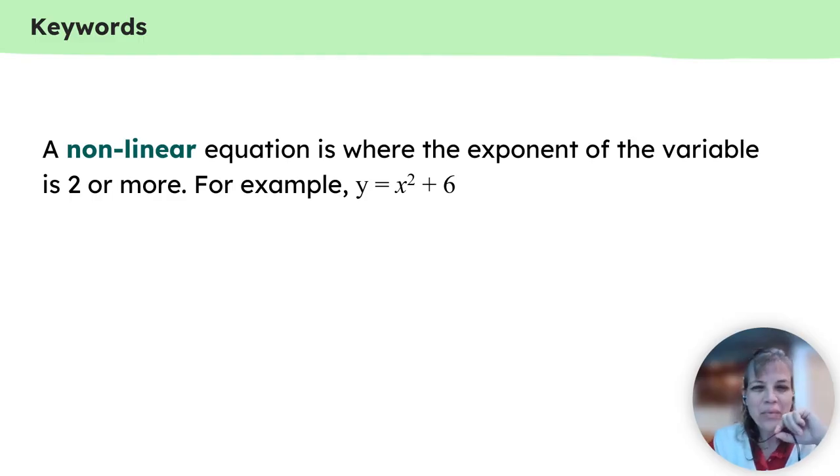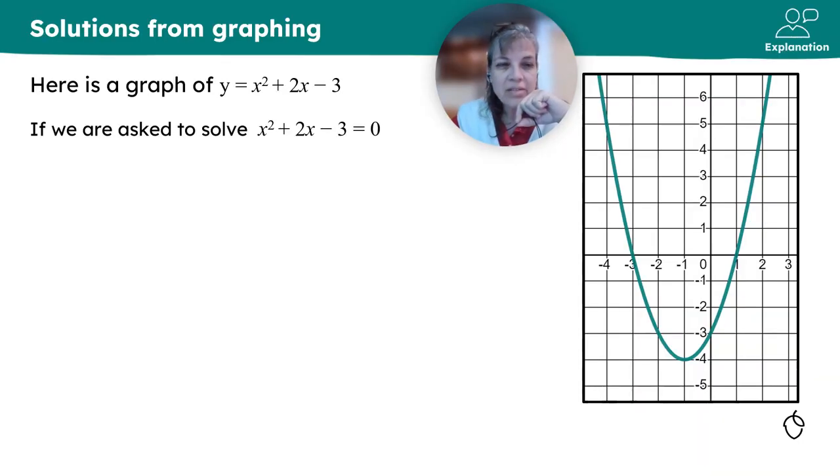All right, so what does nonlinear mean? It means it's not a straight line. It's an equation where the exponent of the variable is 2 or more, something like y equals x squared plus 6. Here's a graph that's nonlinear. It's the graph of y equals x squared plus 2x minus 3.